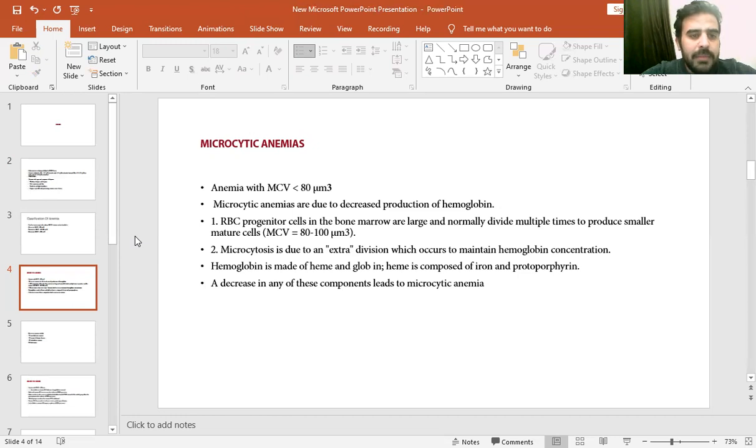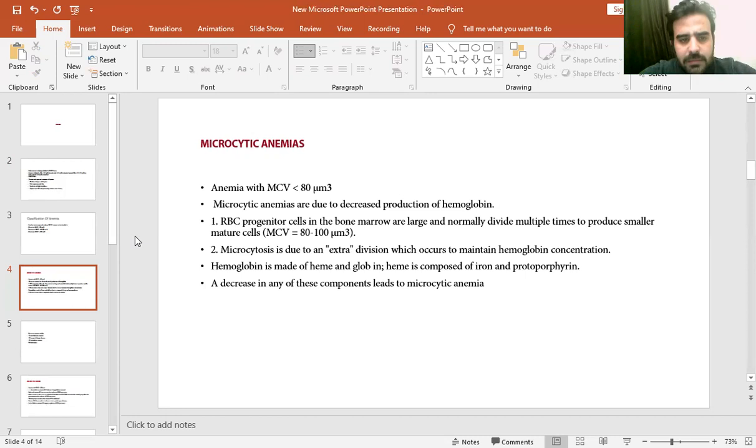RBC progenitor cells in the bone marrow are normally large, and they divide multiple times to produce smaller mature cells, with a corpuscular volume of 80 to 100 micrometer cube. Microcytosis can occur due to extra division, which occurs to maintain hemoglobin concentration.